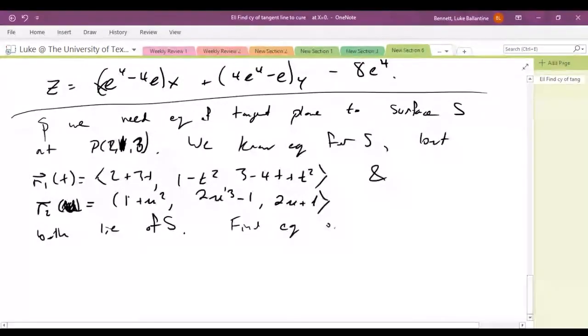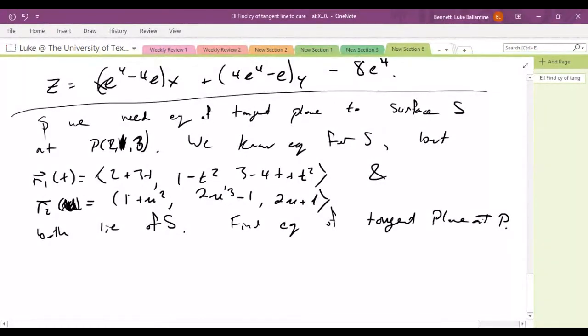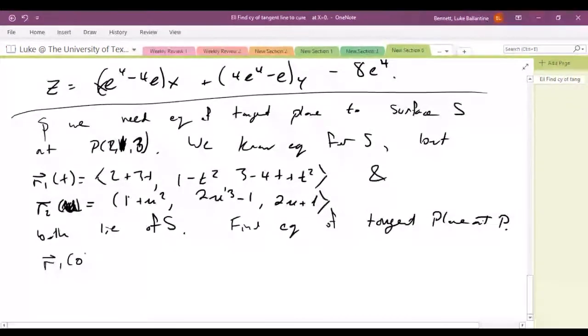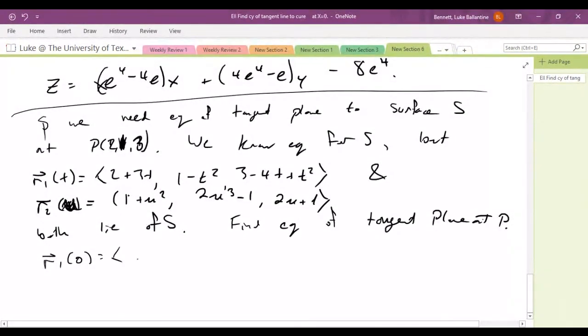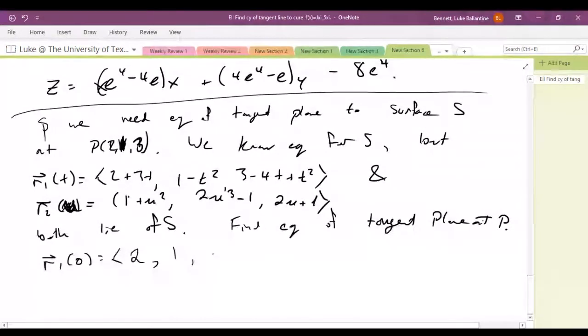Find the equation of the tangent plane at P. Well, if we notice, our point is 2, 1, 3. If we plug in 0 to the first equation, so we have R1 of 0, we get 2 plus 0, which is 2. 1 minus 0 is 1. 3 minus 0 plus 0 is just 3.